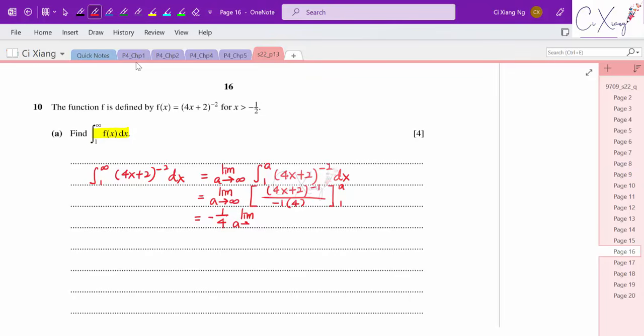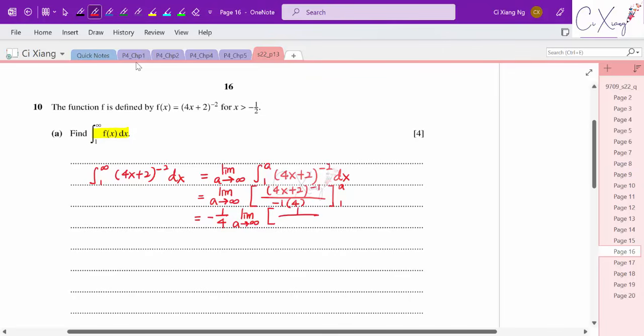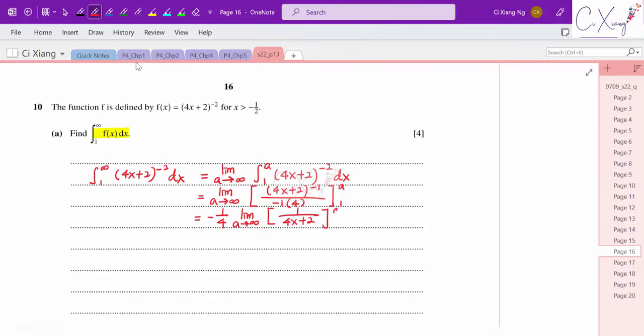I keep the limit A to infinity, and then I'm having 1 over 4x plus 2, from 1 to A. Let's substitute the values for A and 1 into our expression here. I'll have 1 over 4A plus 2, then minus 1 over 4 plus 2, which is 6.